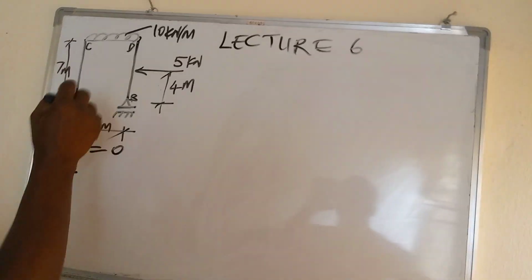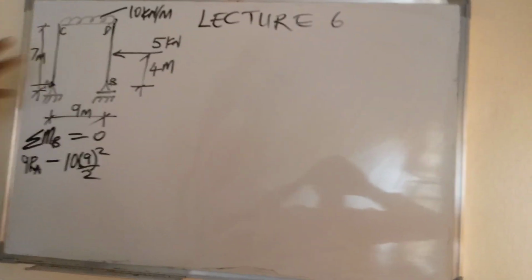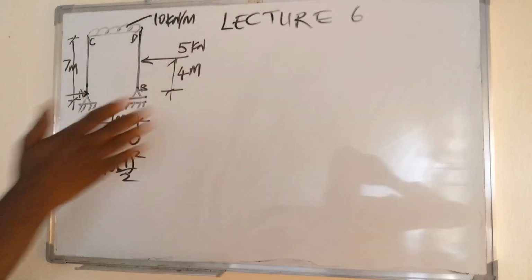So we have the load, which is 10, that's why minus 10 times 9 squared over 2. That's the 10 as a uniformly distributed load, multiplied by 9, which gives you the total load, since it is 10 kilonewton per meter over 9 meters, then times half of 9. That's why we have this when taking moment at point B.